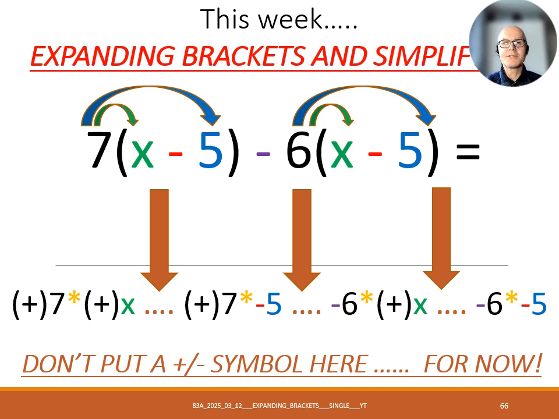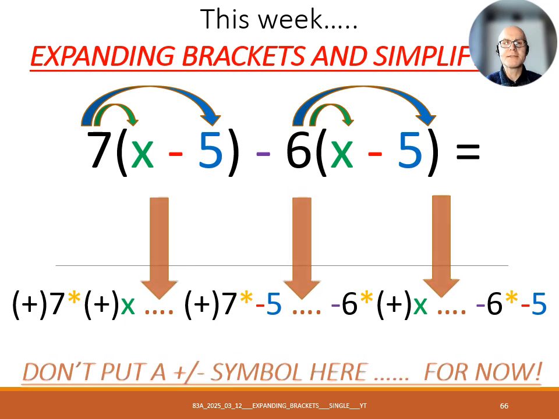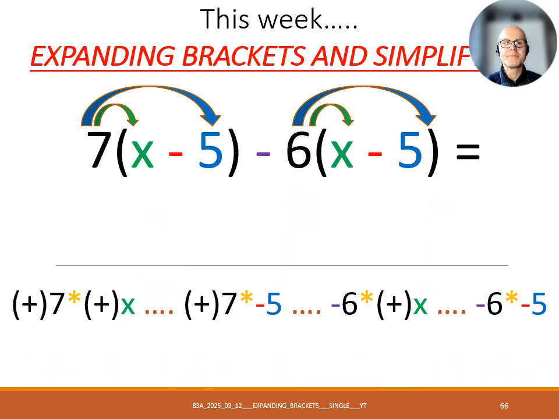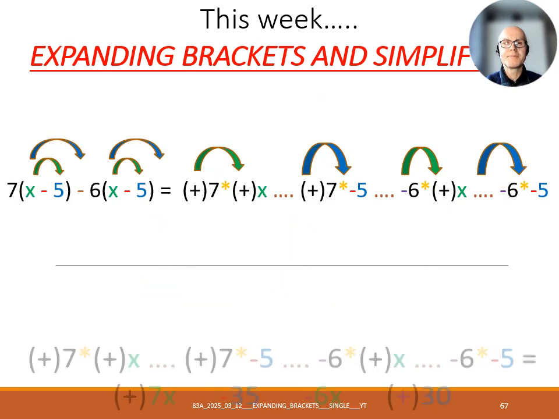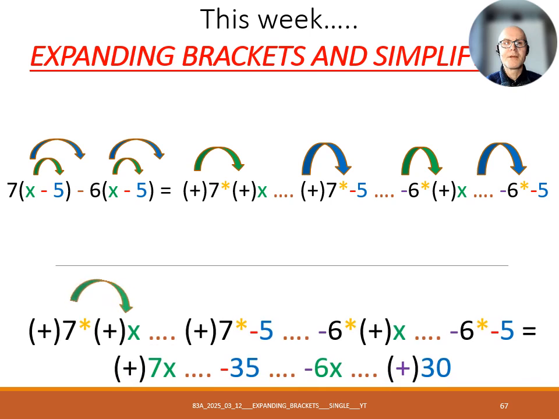Think of it as 4 chunks, 2 chunks each for each set of single brackets. Positive 7 times positive x equals positive 7x.